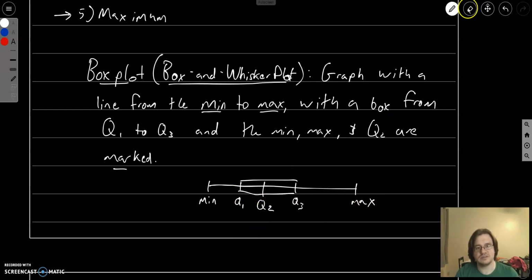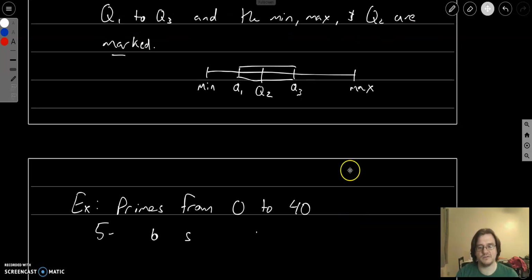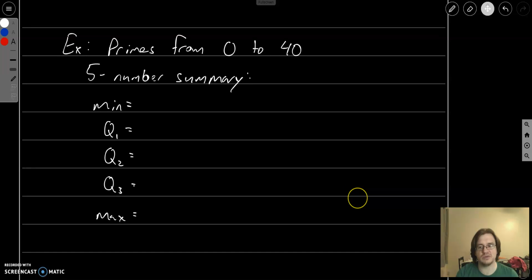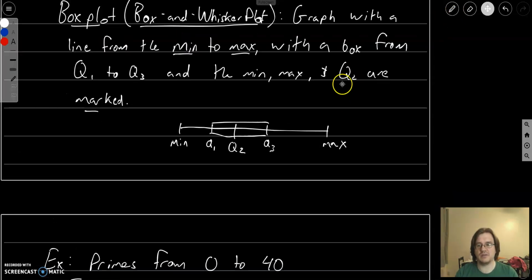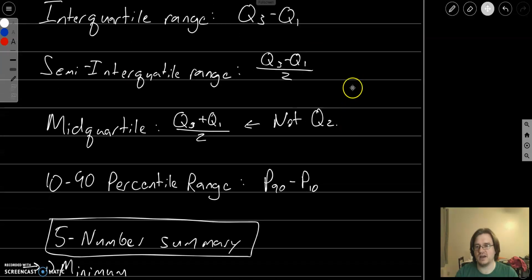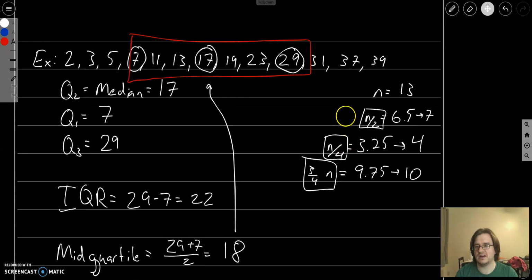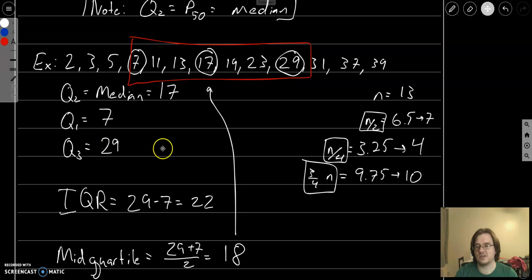So let's go through this and look at the 5-number summary and the box and whisker plot for our prime numbers that we saw before. So if we come back up to the prime numbers, just bear with me for a second. We found Q1, Q2, and Q3: 7, 17, and 29. What are we missing?